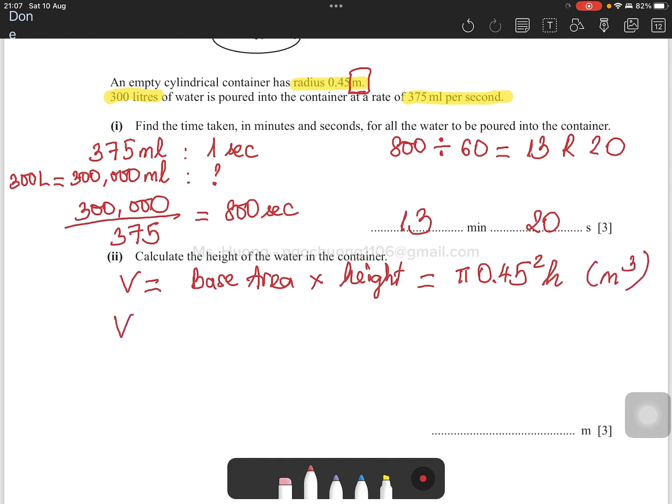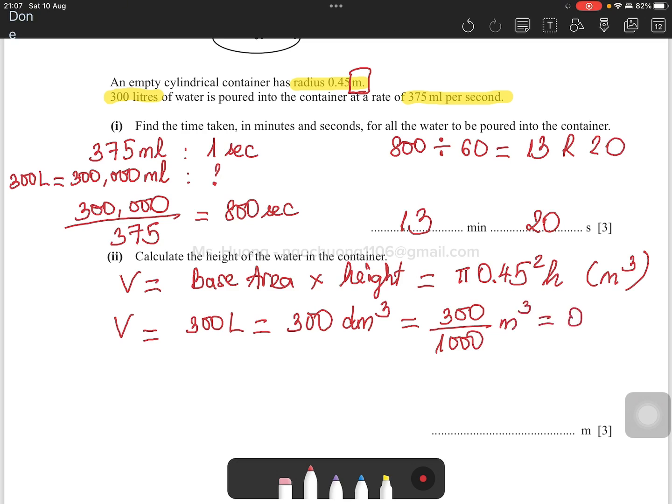And on the other hand, we know that the volume of the water is 300 liters, and this is equal to 300 cubic decimeters. Then we need to convert this into cubic meters by dividing 300 by 1,000 cubic meters. So it is 0.3 cubic meters.